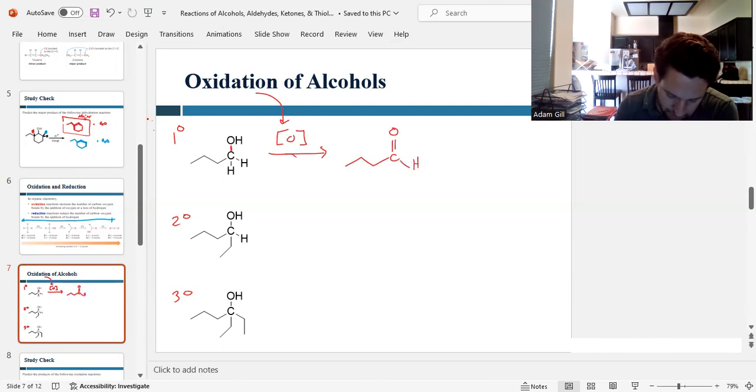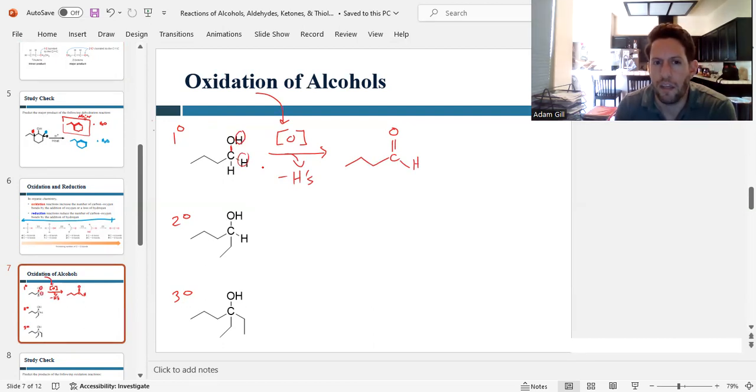And so every time you oxidize, you have a loss of hydrogens. Specifically, we're losing the one on the OH and one of the ones from the carbon. And so those two hydrogens leave, and the carbon forms the double bond to the oxygen. But this can get oxidized one step further if you react it again.